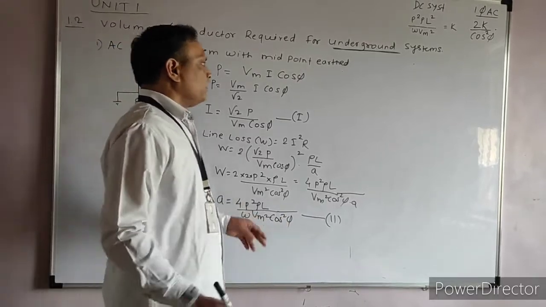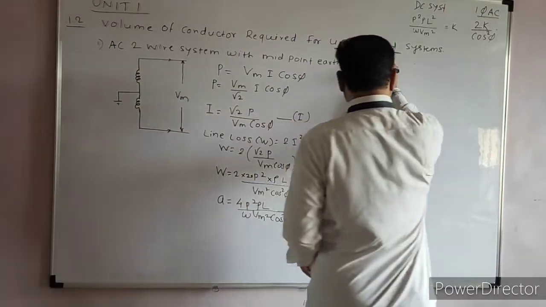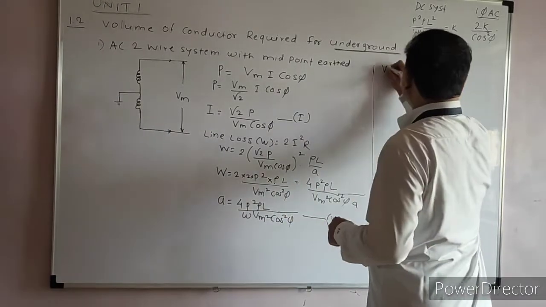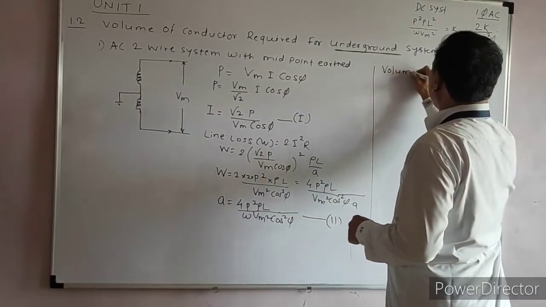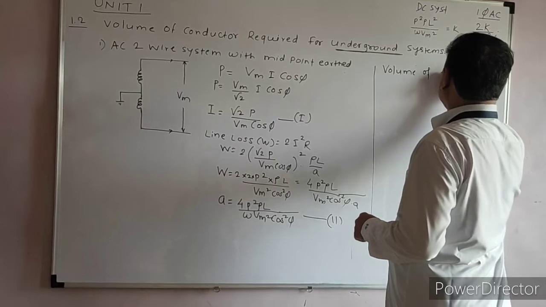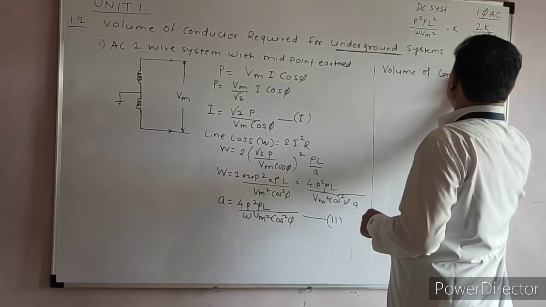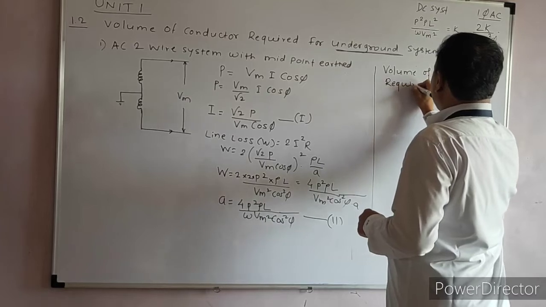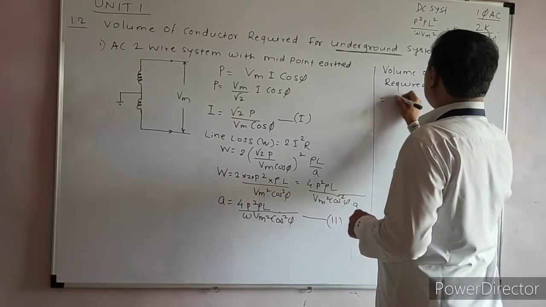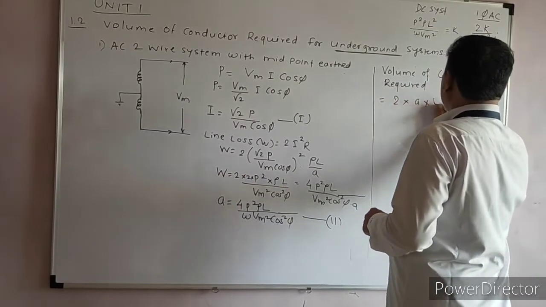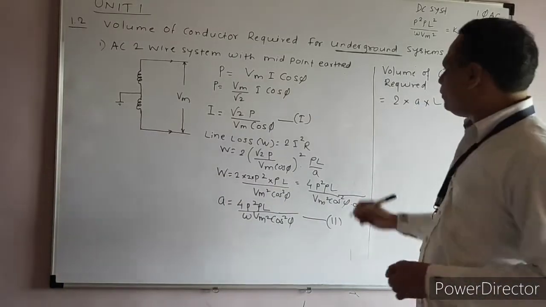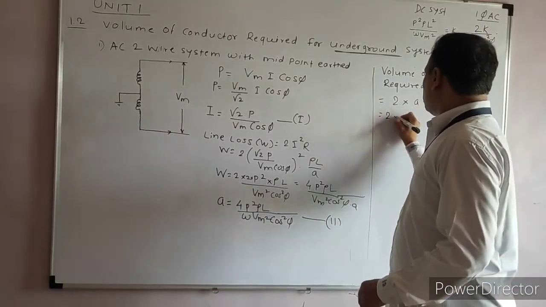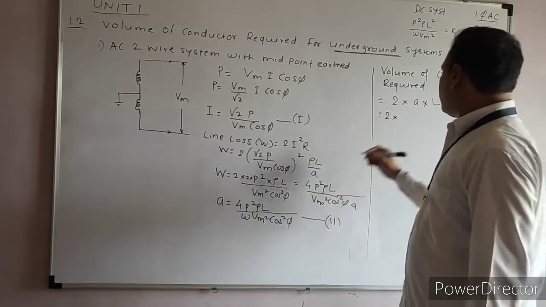So what is my next step? Next step is to calculate the volume of a conductor. So I will calculate the volume of conductor as per routine procedure. So volume of conductor required will be, as there are two conductors, 2 into area into length, because area into length is volume. So we'll write here 2 into area. So what was our area?